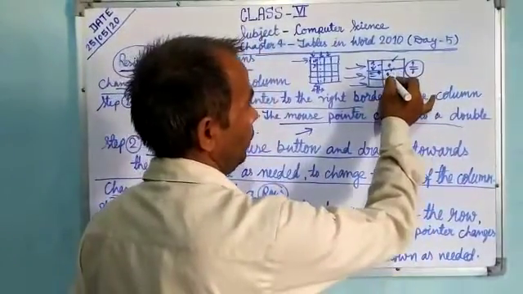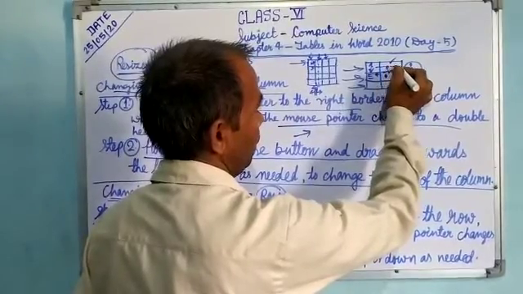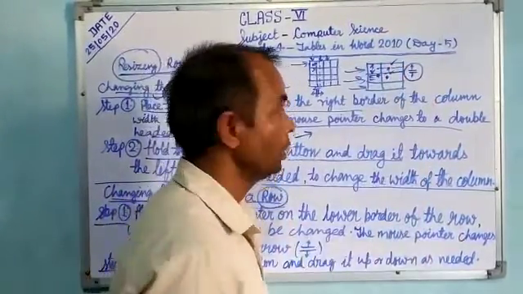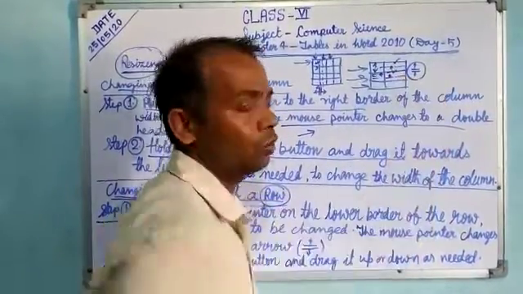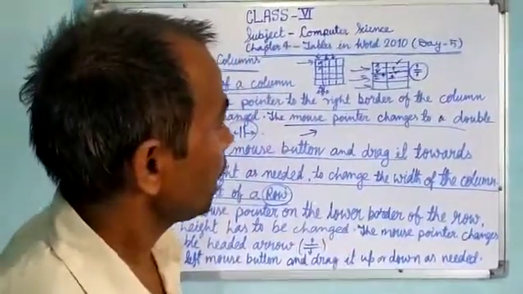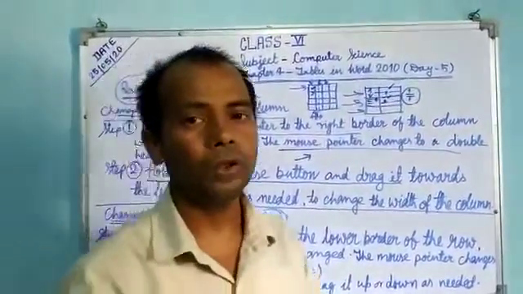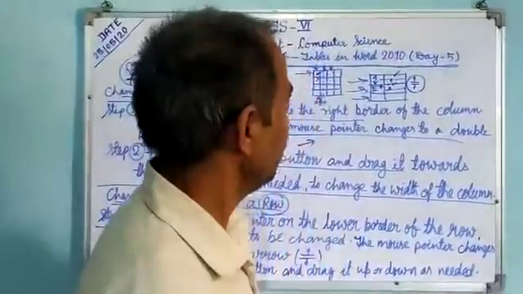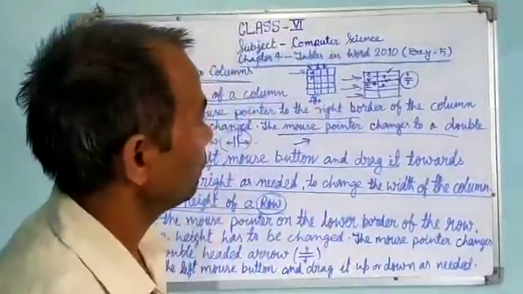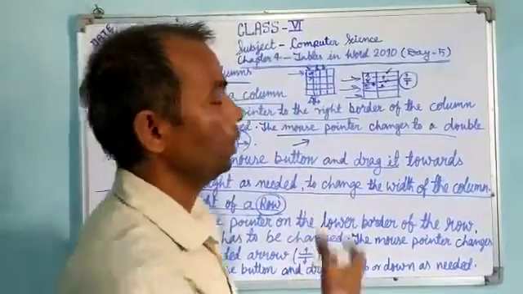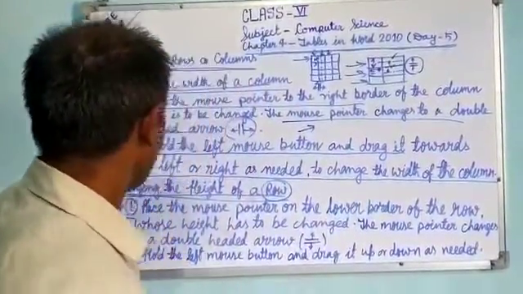Whenever we are moving in the upward direction, its height is going to decrease. But whenever we are moving in the downward direction, its height is going to increase. So according to our choice, we can increase or decrease the height of the row by moving the mouse pointer either upward or downward.